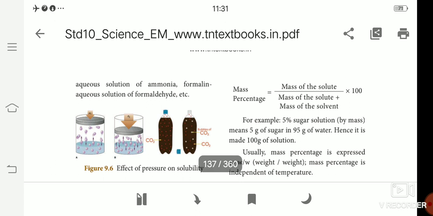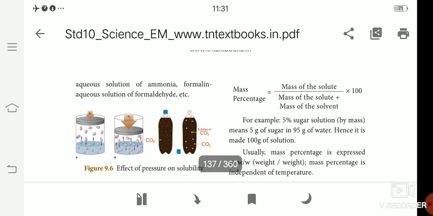This is expressed as W by W, weight divided by weight, since both solute and solution are measured in grams.